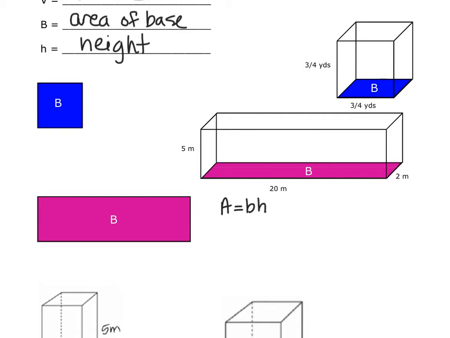So I'm going to look at finding the area of this shape that's shaded in, which I redrew here, flat, a two-dimensional shape. I've taken the bottom of this rectangle and flattened it out. To find the area of this, I look at my numbers, and I have 20 and 2. Both of those are meters.